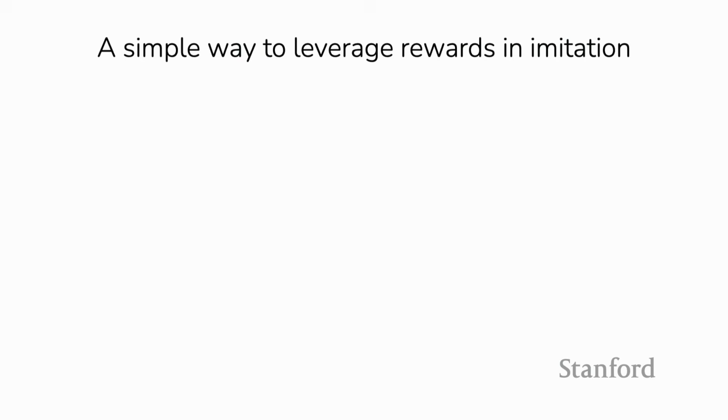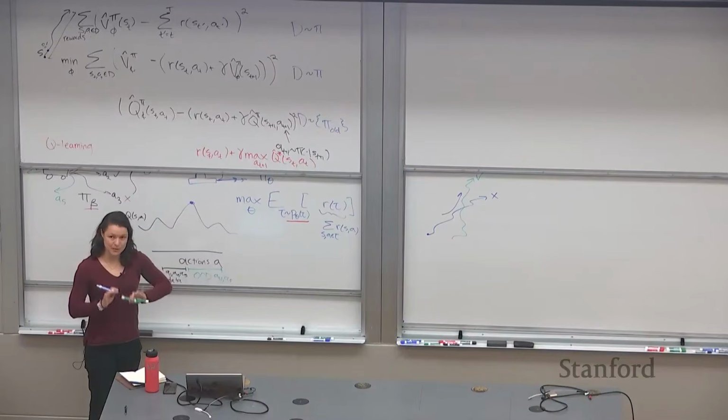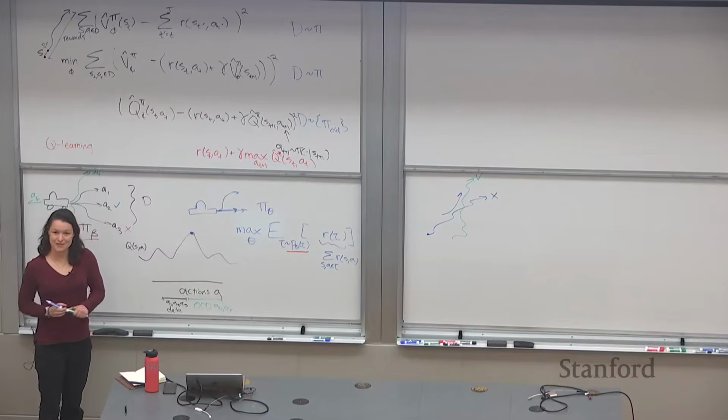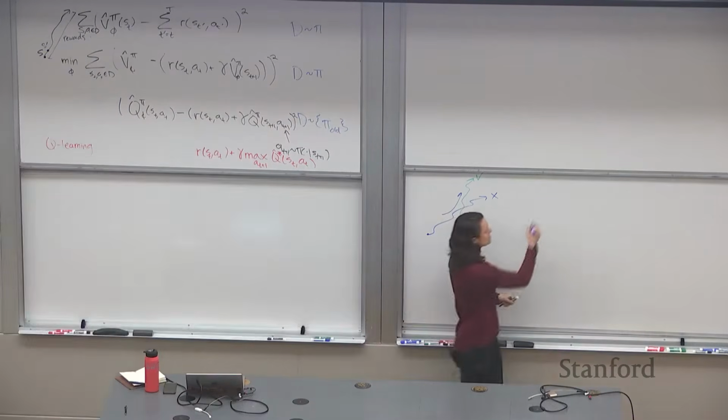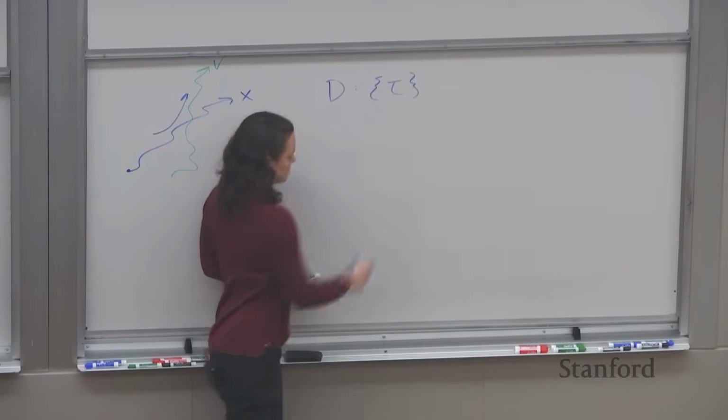Okay. So before we get into methods that can do that kind of stitching, let's first talk about a very simple baseline method. One idea is if you have an offline data set, you could just take the trajectories that have high rewards and only imitate the stuff that is good and don't imitate the stuff that's bad. That seems like a reasonable method. You have some offline data set that contains a variety of trajectories.